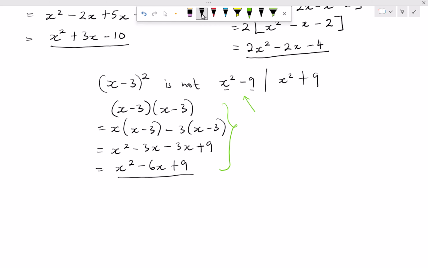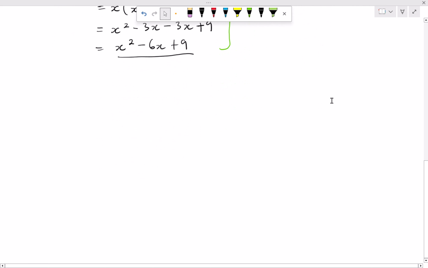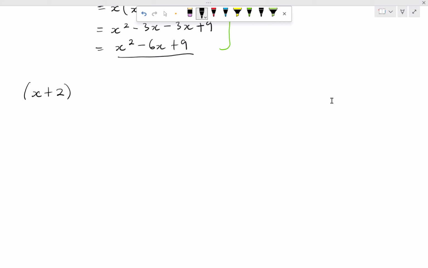All right, so I will do 2 examples of squaring. So we have x plus 2 squared. We're going to expand the brackets and simplify. And we're given x plus 2 squared. So remember, this is the same as saying x plus 2 multiplied by x plus 2.